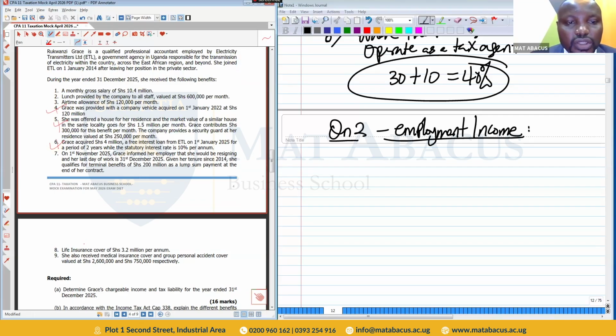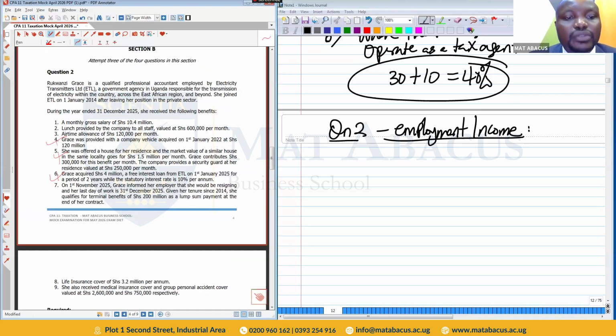Now, what you need to note when they examine this question, they are asking a practical question. You are employed with a company. They have given you a contract. They pay you salary, but then you also have benefits that you get as an employee. So the question is, how do you tax them? What are the tax implications of the benefits that are provided to employees?